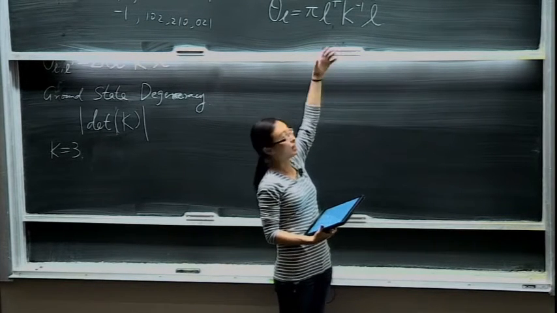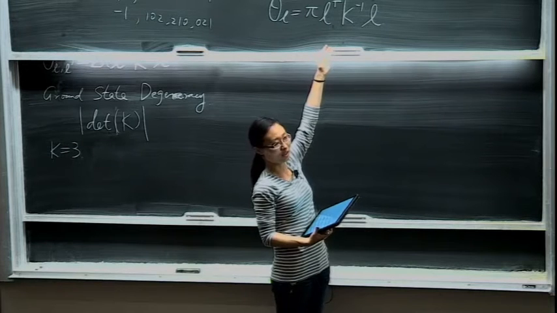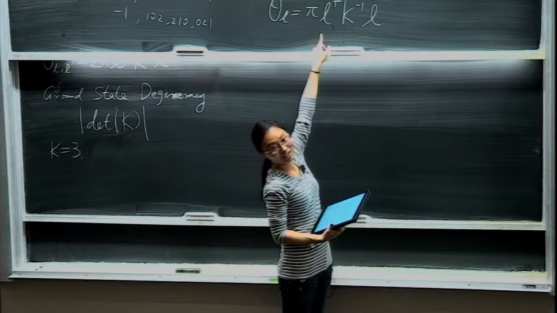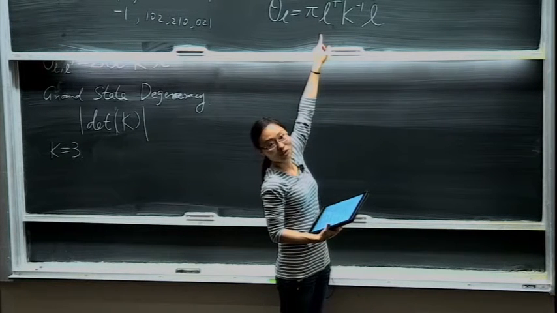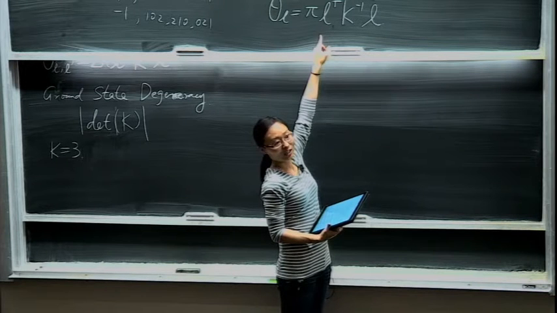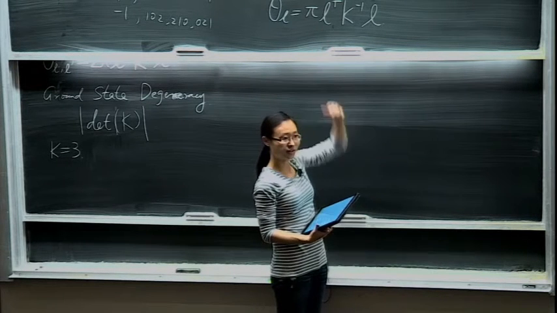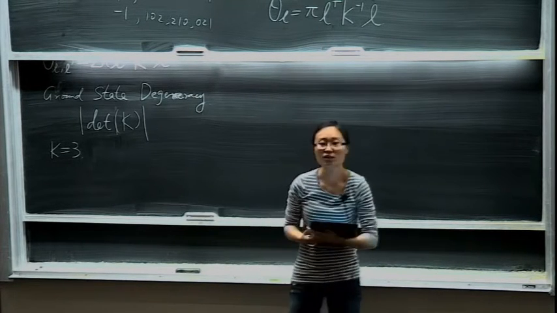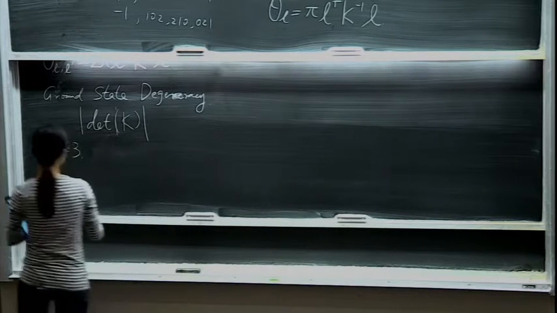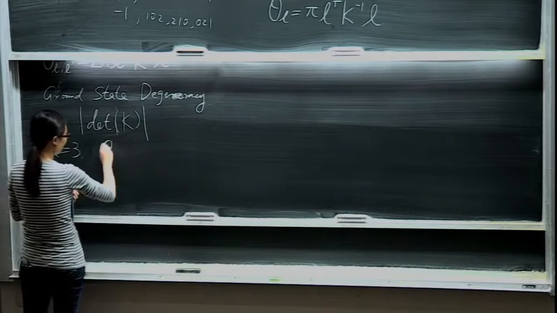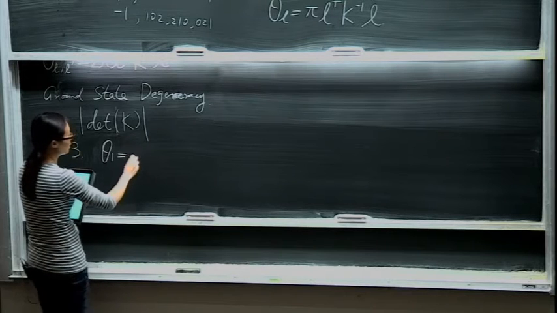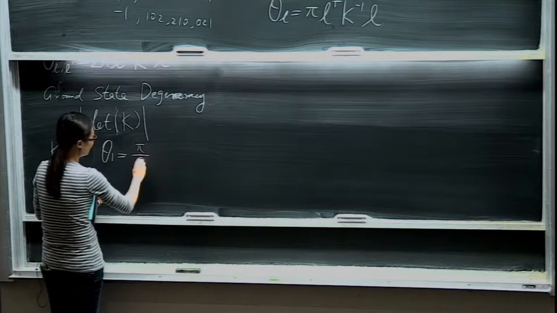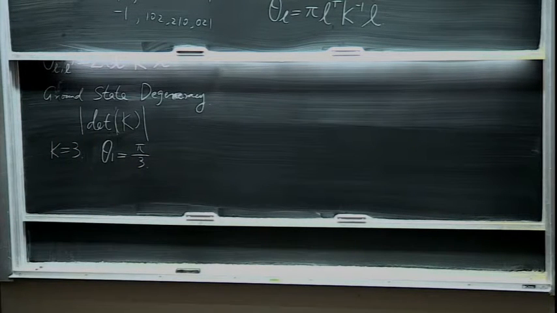Then if we calculate the statistics of the elementary excitation labeled by L equal to 1, this number becomes 1/3 of that in the integer quantum Hall. That's the 1/3 quasi-particle in the fractional quantum Hall system. So this theta 1 becomes pi over 3. So it's very simple. So the nu equal 1/3 quantum Hall state is just given by K equal to 3.